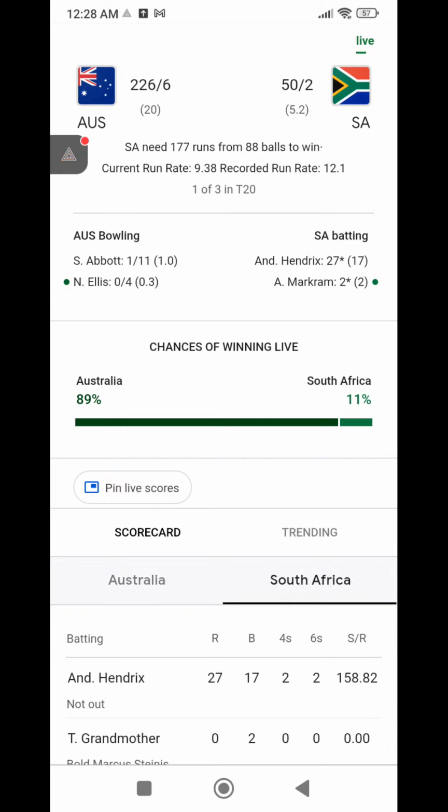Current run rate is 9.38 and the required run rate is 12.1. 226 is the total of Australia. 51 for the loss of 2 wickets.